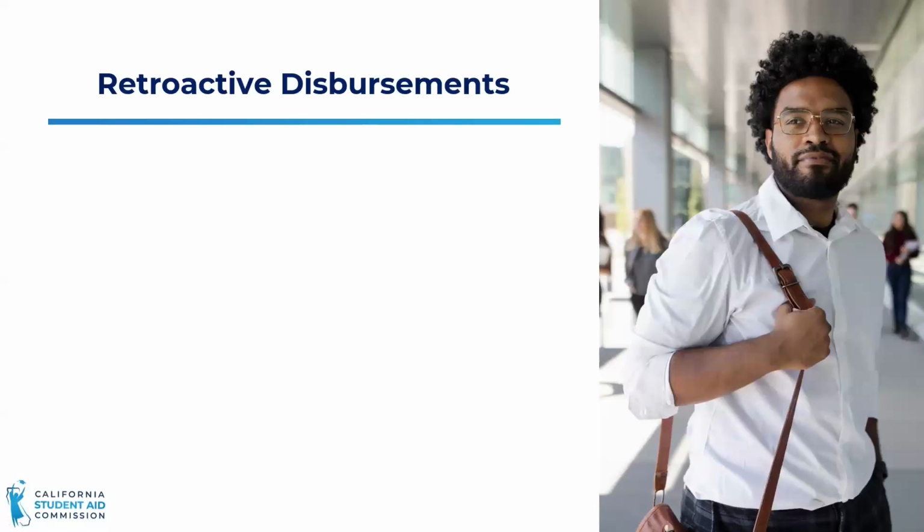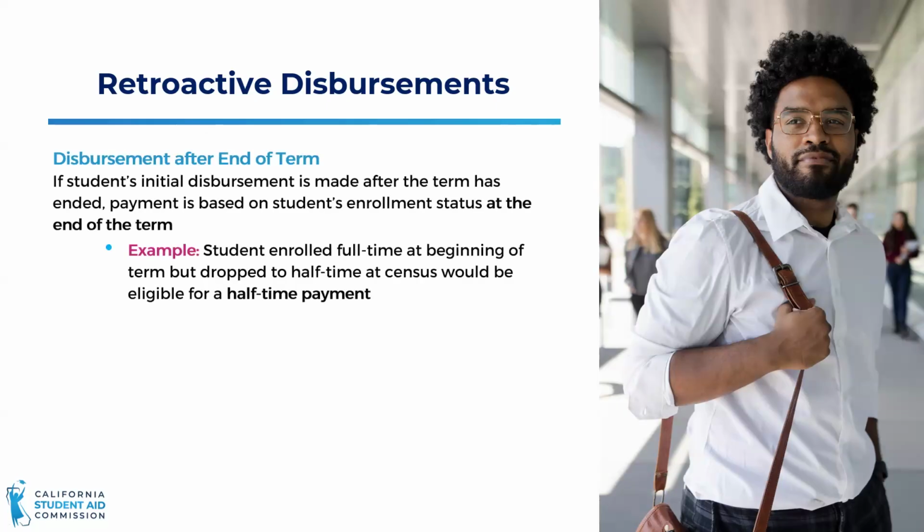Now, can Cal Grant be disbursed retroactively? In most cases, yes. If you are disbursing to a student after the end of the term, this is fine as long as the student has met all of the Cal Grant requirements and their payment is based on their enrollment status at census.